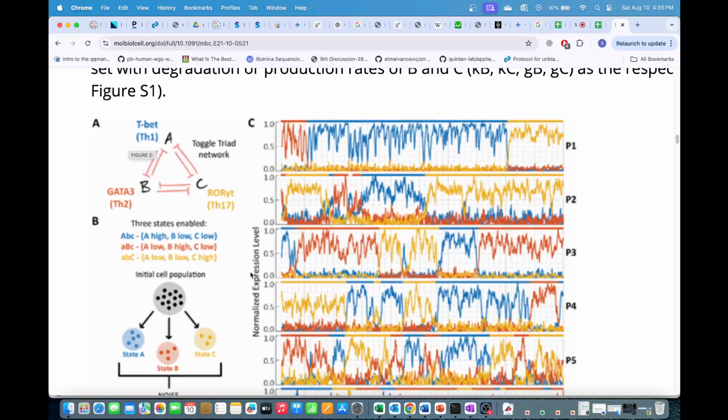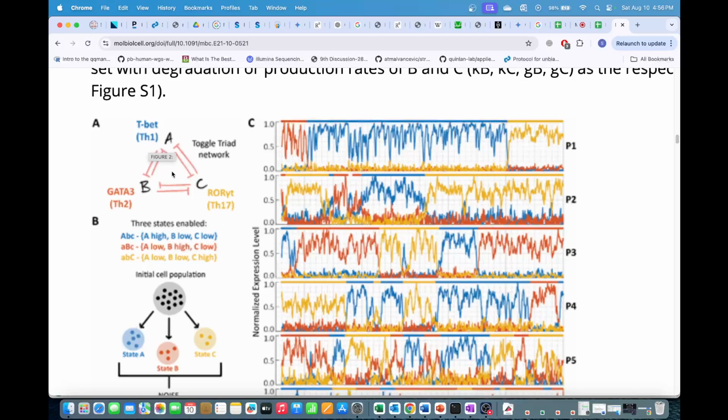Now this network is depicting that if the stem cell is converted into a Th1 cell, during that conversion it will inhibit the process of Th2 and Th17. So Th1 will inhibit Th2 and Th17, Th2 will inhibit Th17 and Th1, and similarly Th17 will inhibit Th2 and Th1.